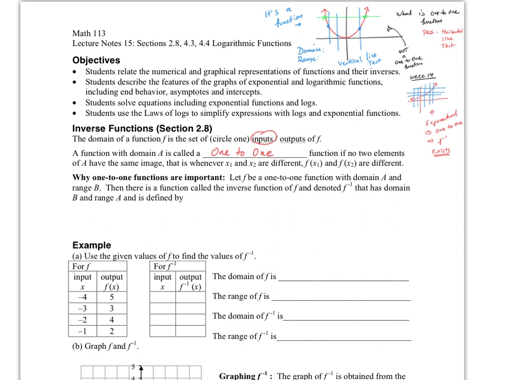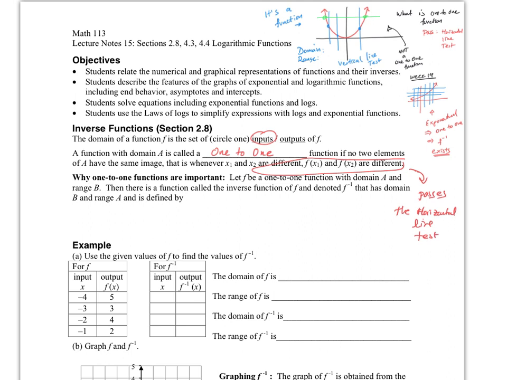That is, whenever x1 and x2 are different, then f of x1 and f of x2 are different. This is just a fancy way to say that it has to pass the horizontal line test.